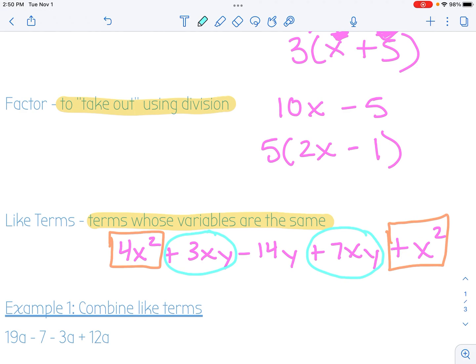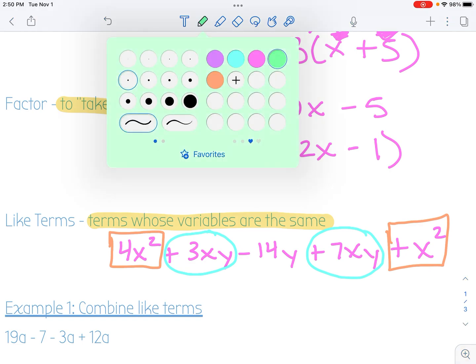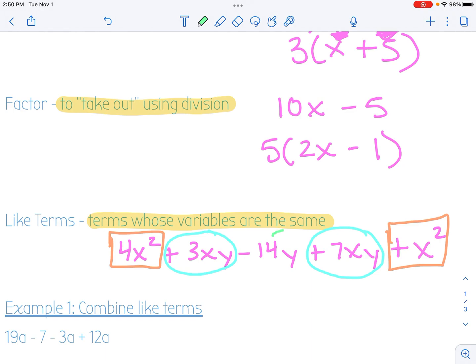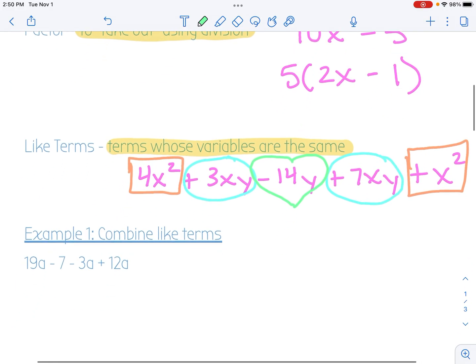And then I always like to include the plus or the minus when I am grouping those two, just so I know whether it's going to be a positive or a negative number. And then last but not least, the minus 14y, there is no other term that just has a y all by itself, so that cannot be combined with anything. There are no other like terms with just the y.